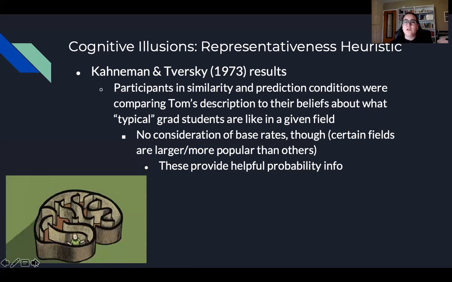It's probably drawing less graduate students in comparison to other ones, such as medicine, for example. So instead of basing it on more objective information, these participants were basing it on their beliefs and their ideas about what typical people are like in each of those fields.